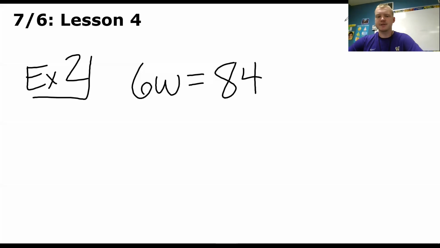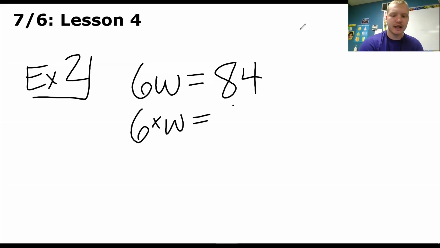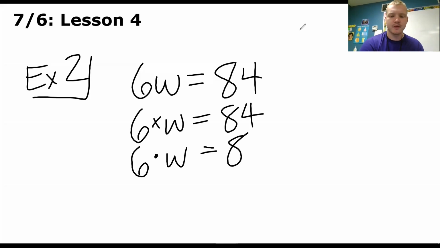All right, guys, so for this problem, we have 6w equals 84. So what is this one saying? Well, another way for writing 6w would also be 6 times w equals 84.